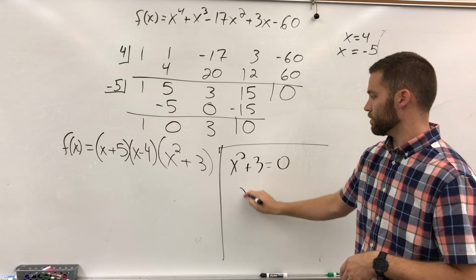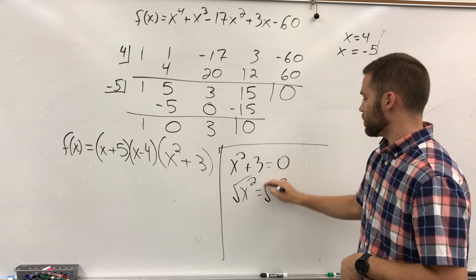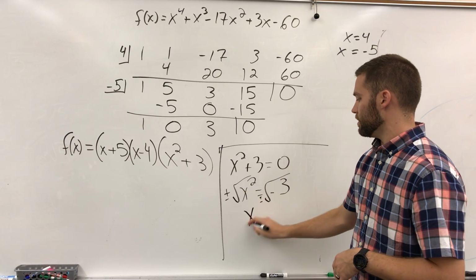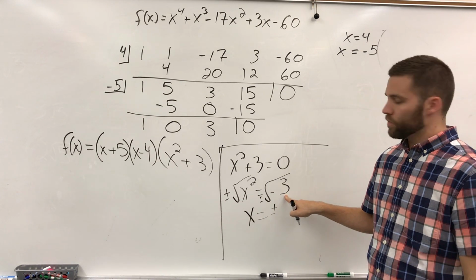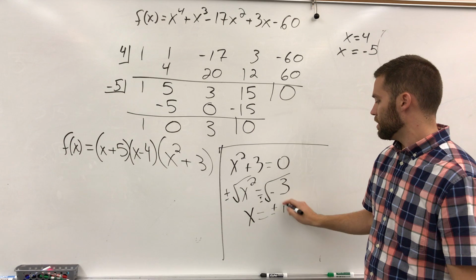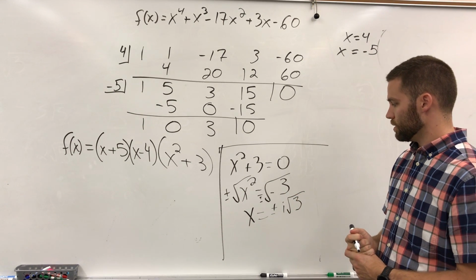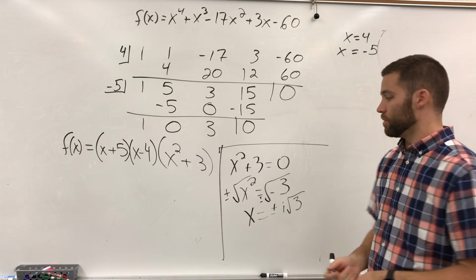Move the 3 over, so I get x squared equals negative 3. Take the square root, and don't forget it's the square root of a variable, so do plus or minus. So I get x equals plus or minus the square root of negative 3. We're going to write that as i times the square root of 3.